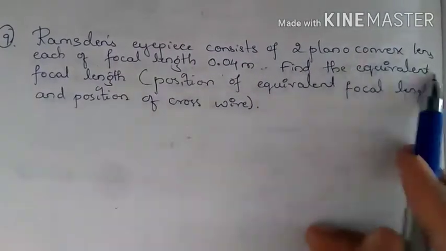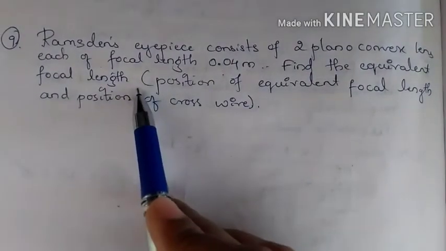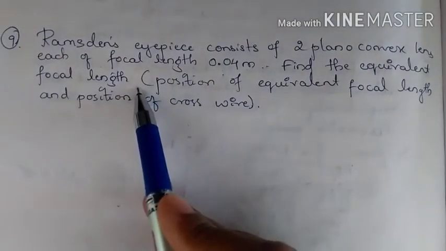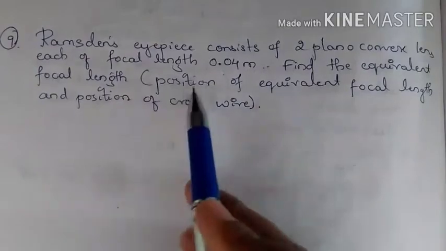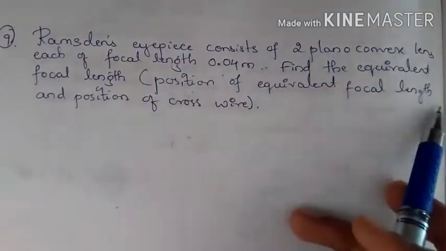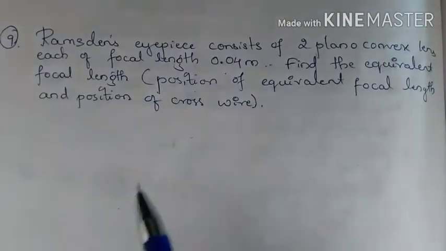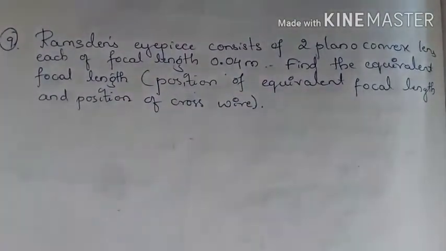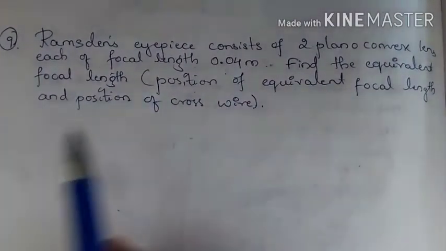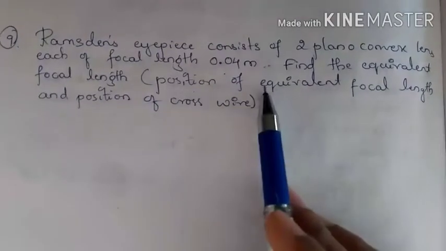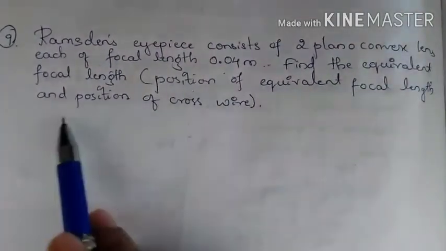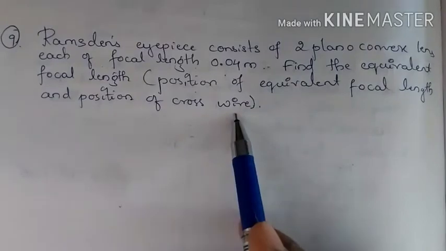Find the equivalent focal length and the position of crosswire. So with the equivalent focal length, we have to find the position of the equivalent focal length and the position of crosswire.